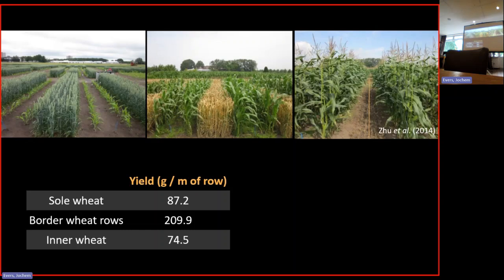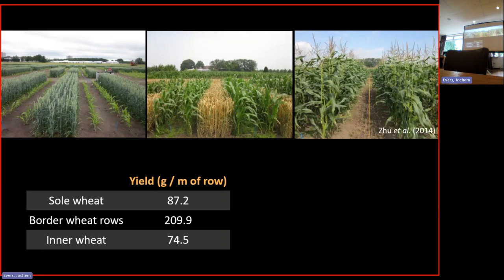And then if you look here, inner wheat, inner is the rows that are in the center of the wheat strip, we get around 74, so that's a little bit lower. I'm not showing any standard error here. So it's more or less similar to what the wheat plants do in a monoculture.